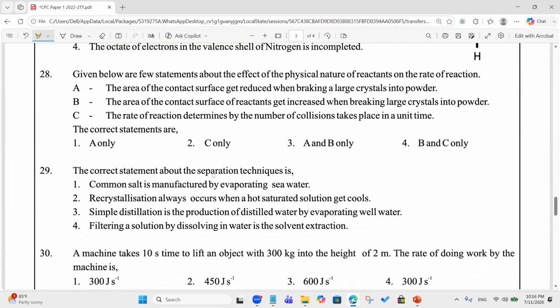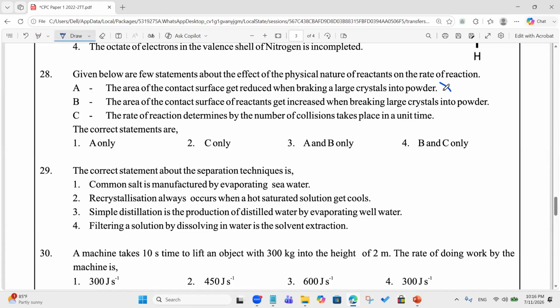28. Given below are a few statements about the effect of physical nature of reactants on the rate of reaction. The correct statements are: number 1, the area of the contact surface gets reduced when breaking a large crystal into powder. Is it true or false? False.